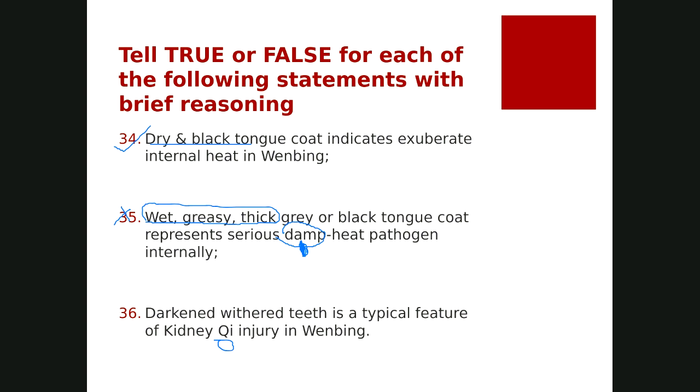So this is incorrect due to the qi here. After suffering severe heat in Wenbing, a lot of patients' teeth become darker than their original color. This is typical, and kidney yin or the substance of the body has been injured, especially body fluid. So kidney yin or kidney jing is involved.